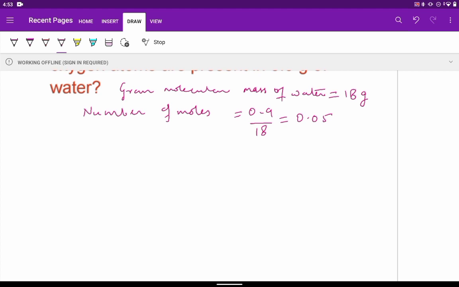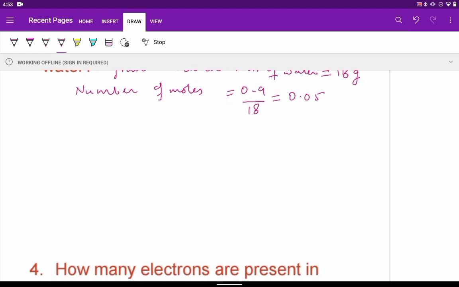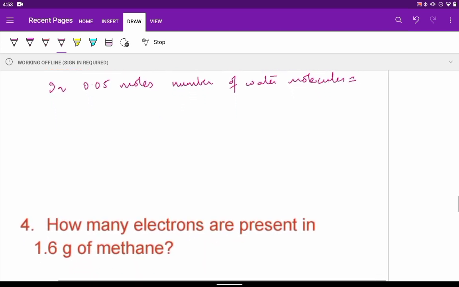In 1 mole, how many molecules will be there? Number of water molecules in 1 mole is 6.02 into 10 to the power 23. So in 0.05 moles, the number of water molecules will be equal to how much?